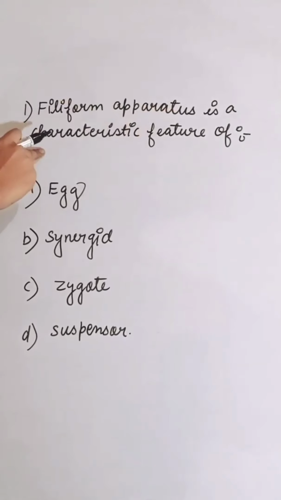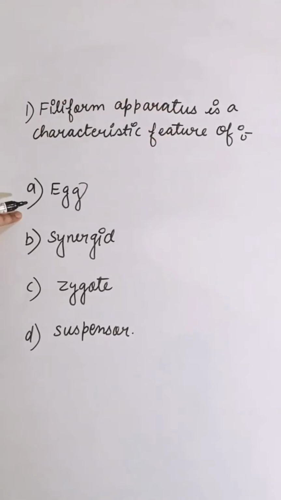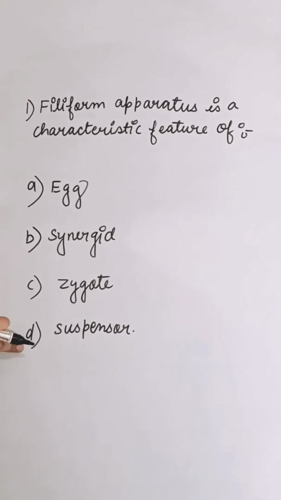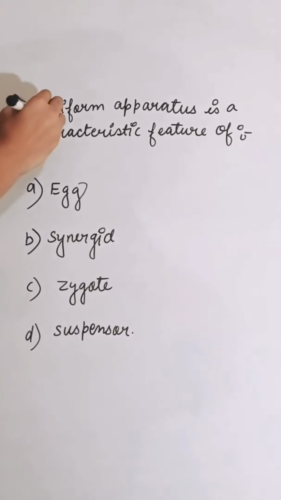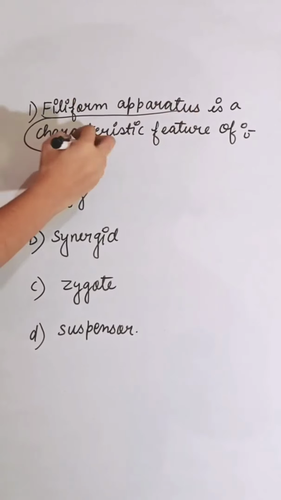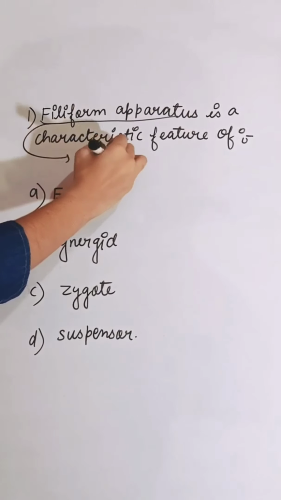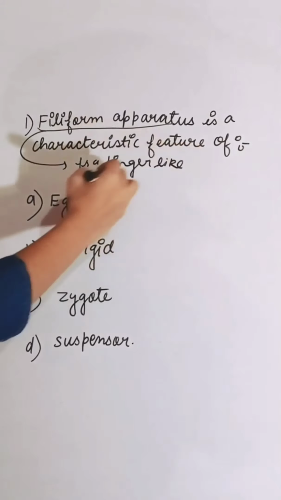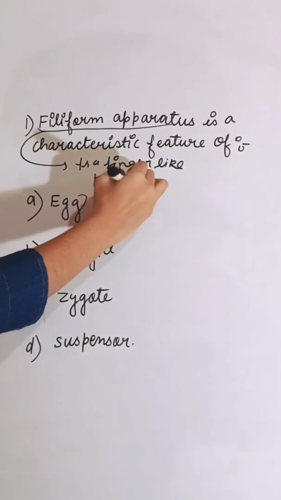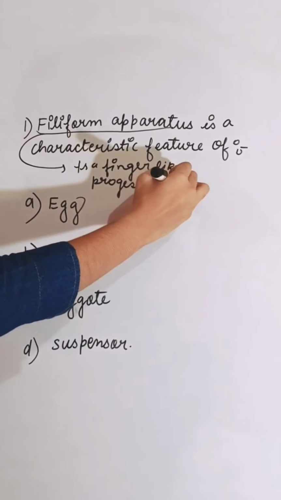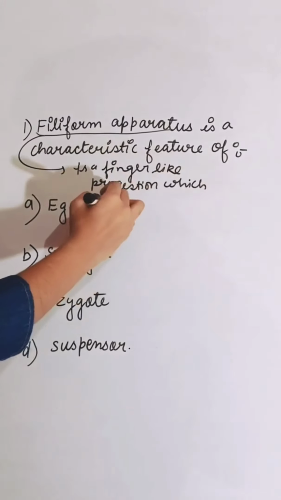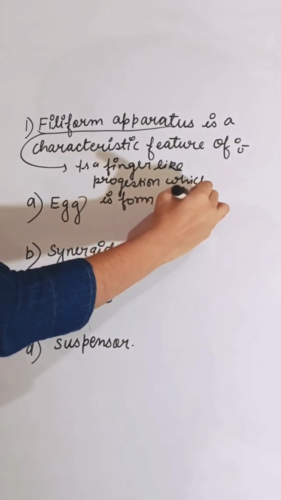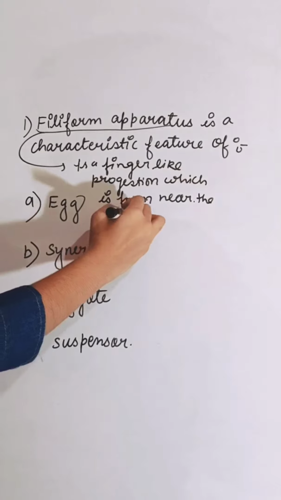Filiform apparatus is a characteristic feature of: first option egg, second is synergid, third is zygote, fourth is suspensor. Filiform apparatus is a finger-like projection which is formed near the synergid.